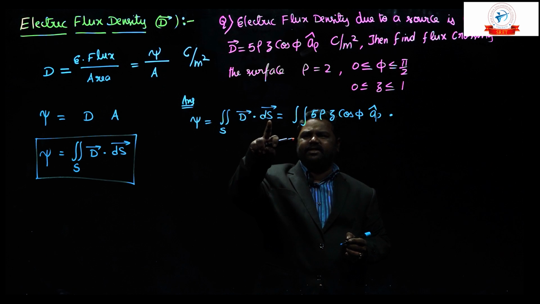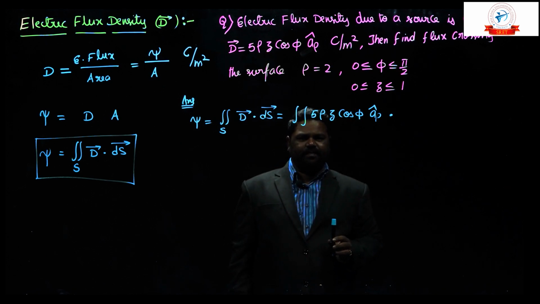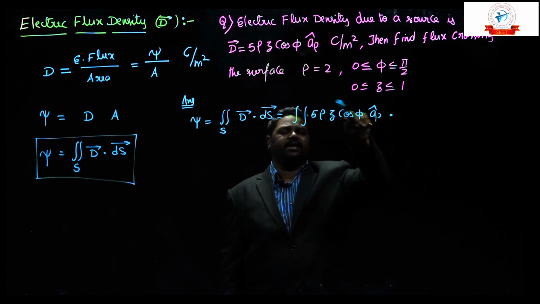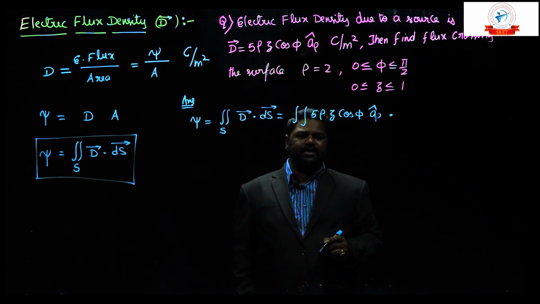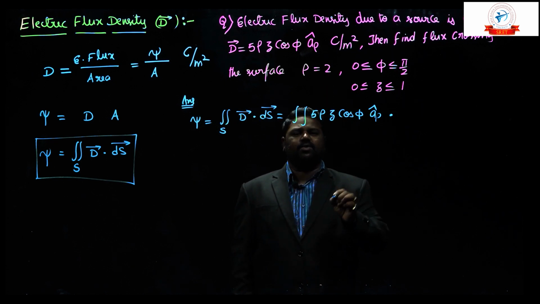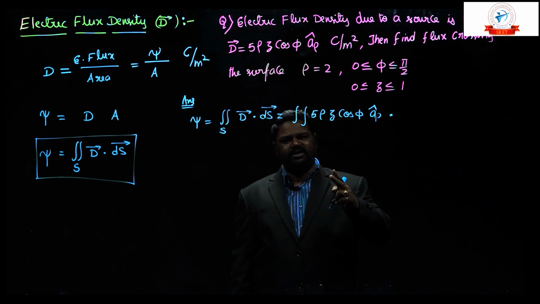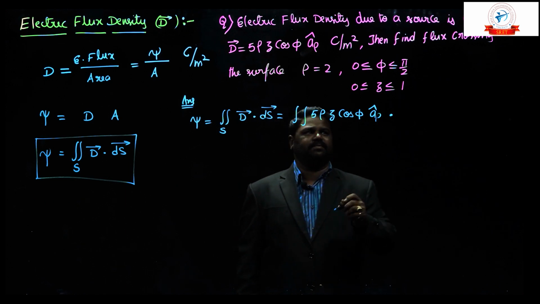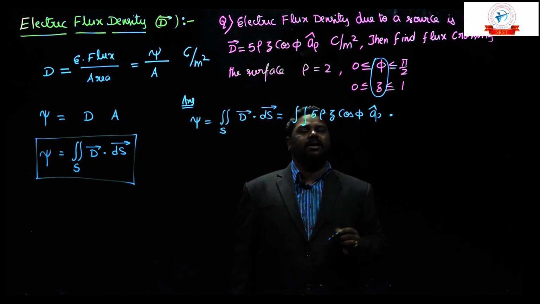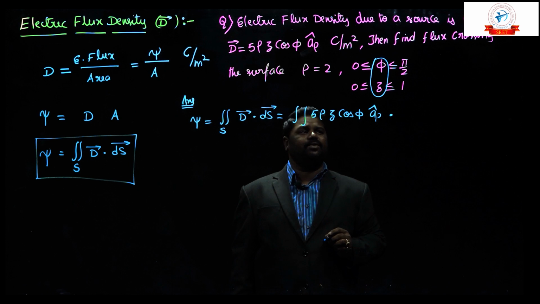We need to write this differential surface element for the rho equal to 2 surface. Can you tell me, the surface rho equal to 2 is constructed with which coordinates? Any surface is constructed with 2 coordinates because a surface is a 2-dimensional region. Here the surface is constructed with phi and z, but represented with rho equal to constant, that is rho equal to 2.